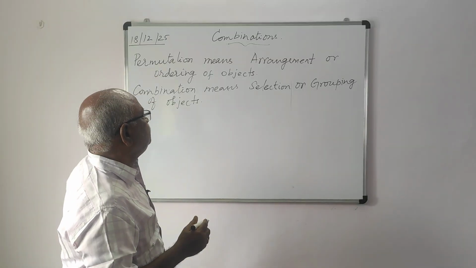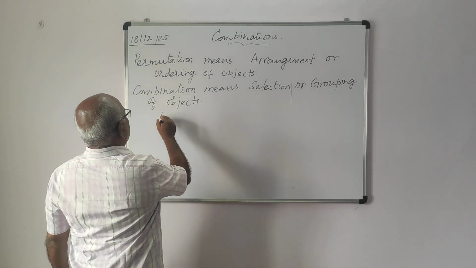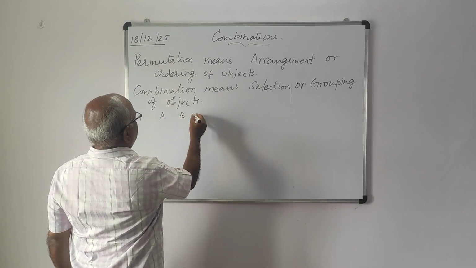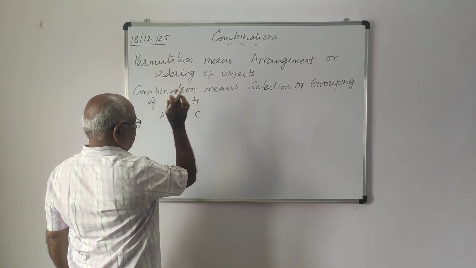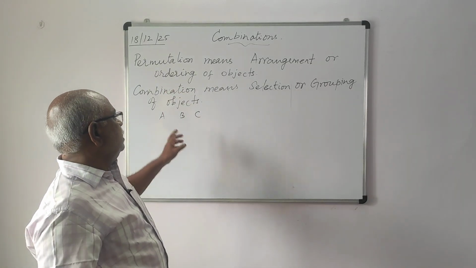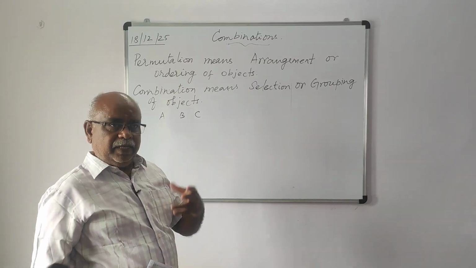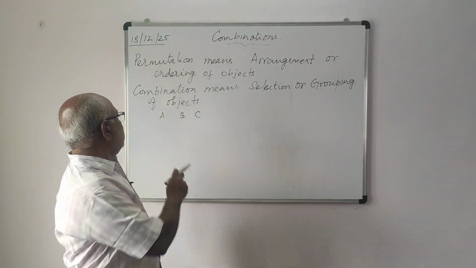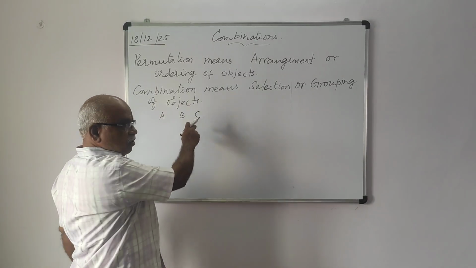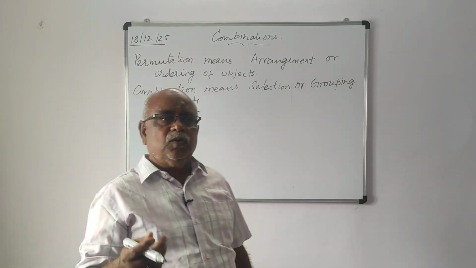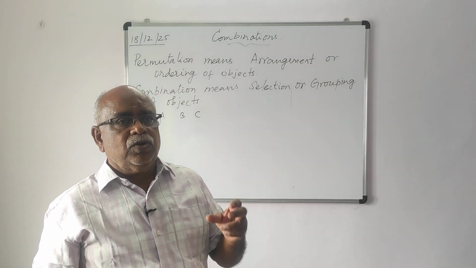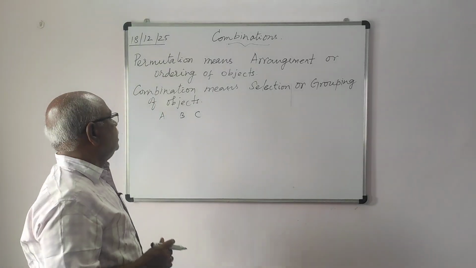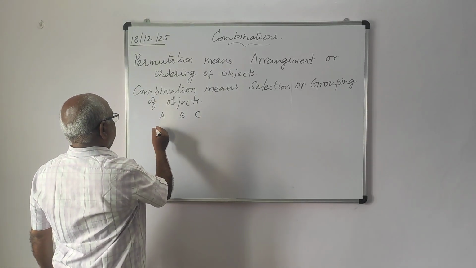For example, there are three students, Arun, Babu, Chandran. See, A, B, C are three numbers or three alphabets, or otherwise Arun, Babu and Chandran are three students. Out of these three students, I am going to select two students. What are they?